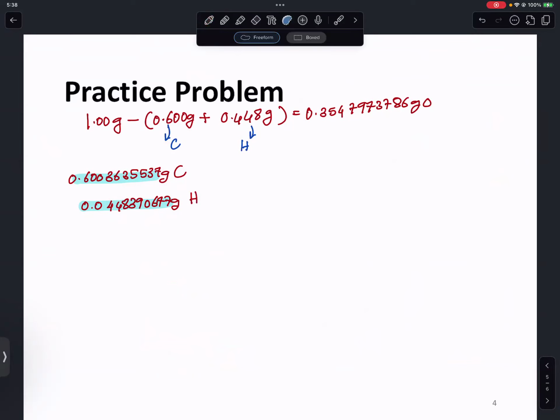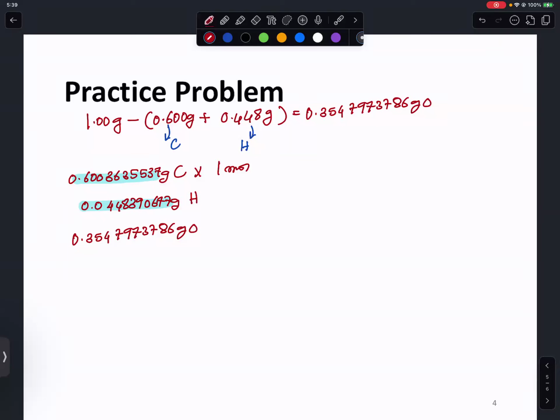And then finally the mass of oxygen. Okay, and then from here, since we have the masses, I can switch to moles by directly dividing by the molar mass of each component.